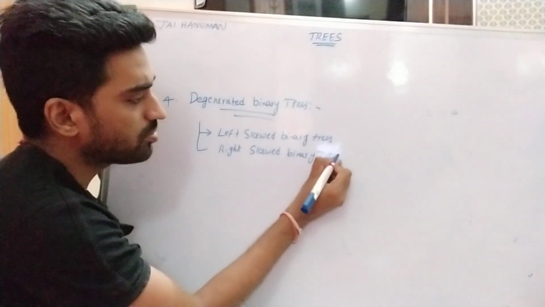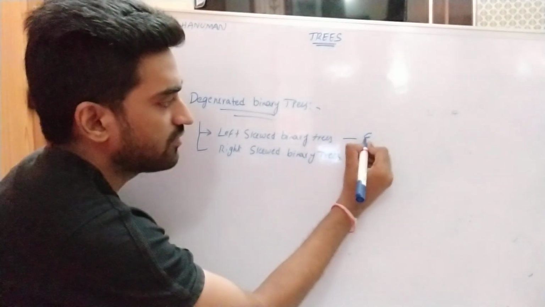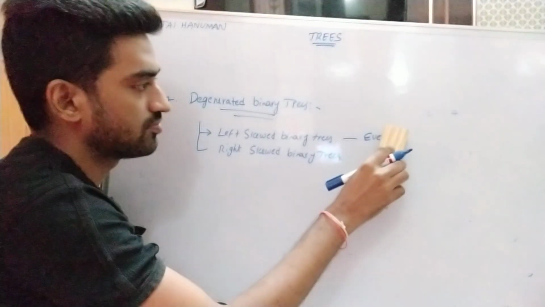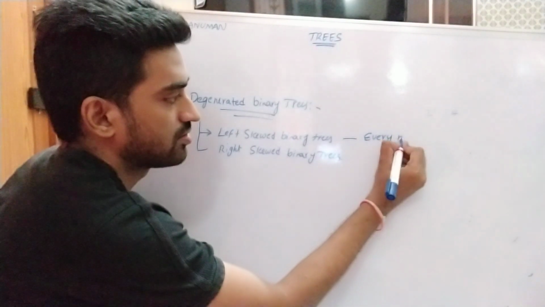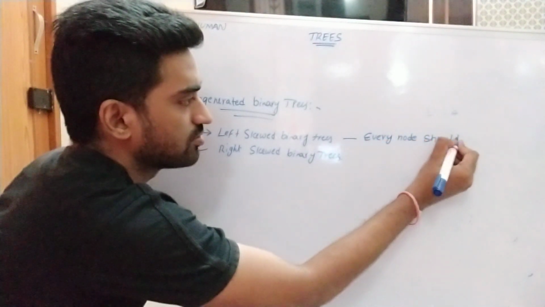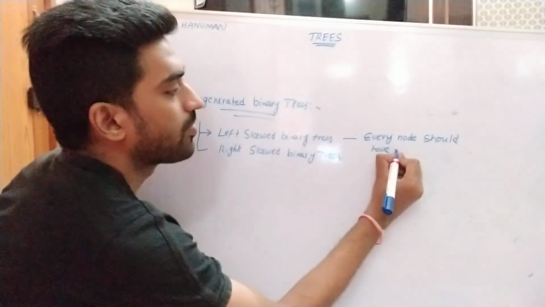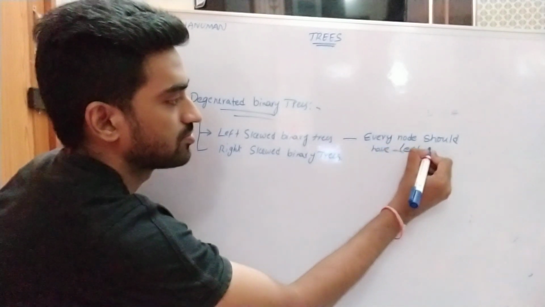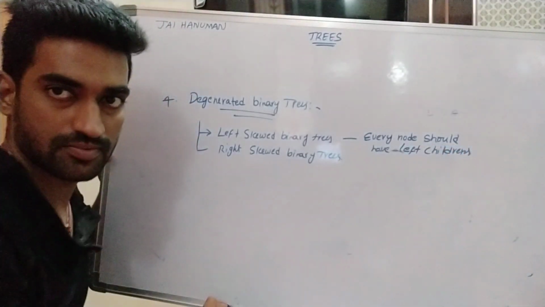In a left skewed binary tree, every node should have left children only.